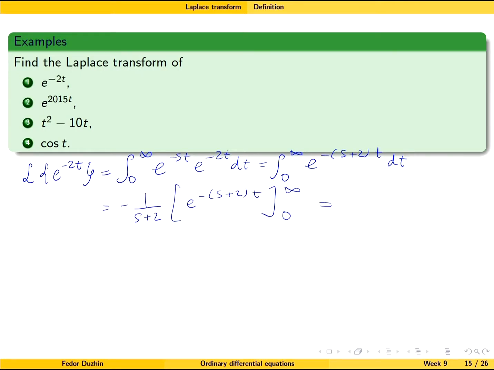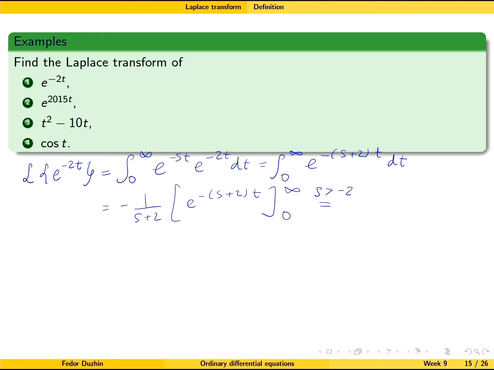So in order for this to be a finite number, we must have s bigger than -2. Because if s is smaller than -2, then s plus 2 is a negative number, so minus (s plus 2) is going to be a positive number, and the limit of e to a positive exponent times t as t goes to infinity is going to be infinite, and this is just undefined.